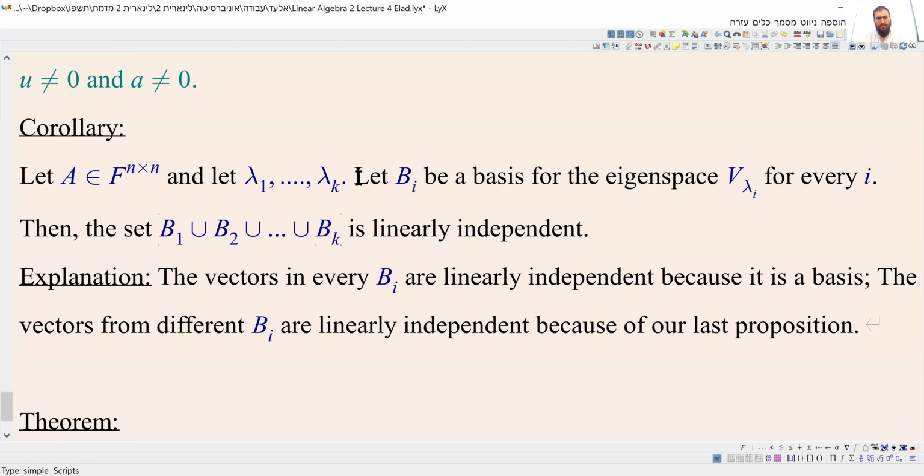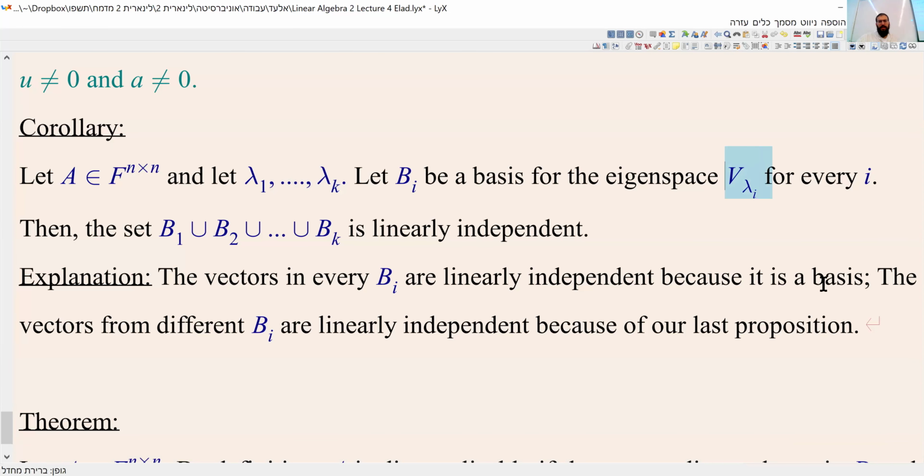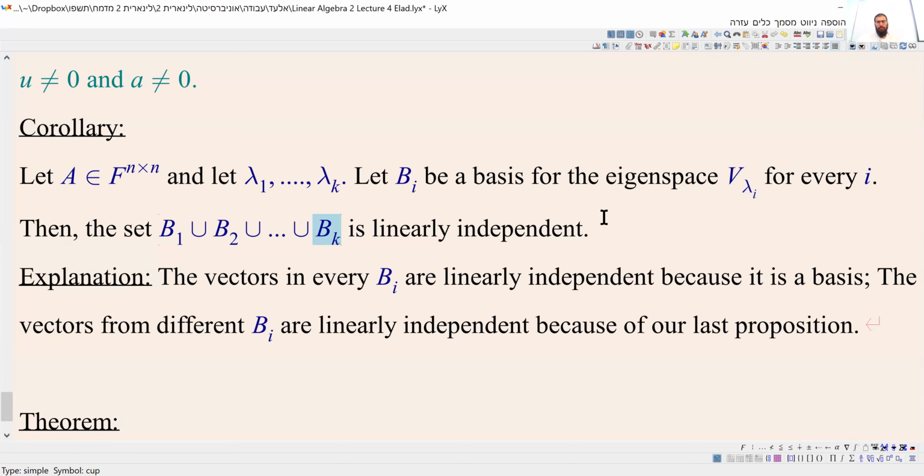For every eigenvalue lambda there is an eigenspace V_lambda, which has a basis Bi. It has many different bases, of course, but that's not what I say. I say that if you take one specific basis for every eigenspace and look at the union of all the bases, you will have a linearly independent set.